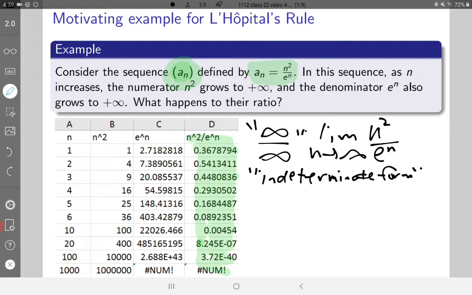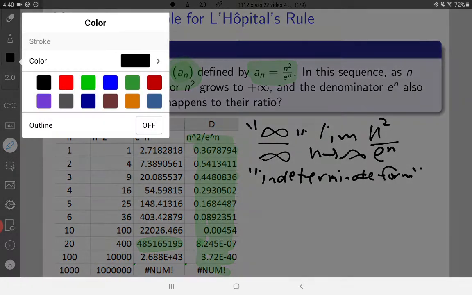But in their ratio, notice that the e to the n eventually grows much faster. So like right here, they're pretty close. Here, they're fairly close. But then eventually, the e to the n is way, way, way bigger, with many more digits. And it becomes not even comparable anymore. And what's happening down in the bottom rows is that e to the 20th is such a big number that it's not even displaying all of the decimal points.